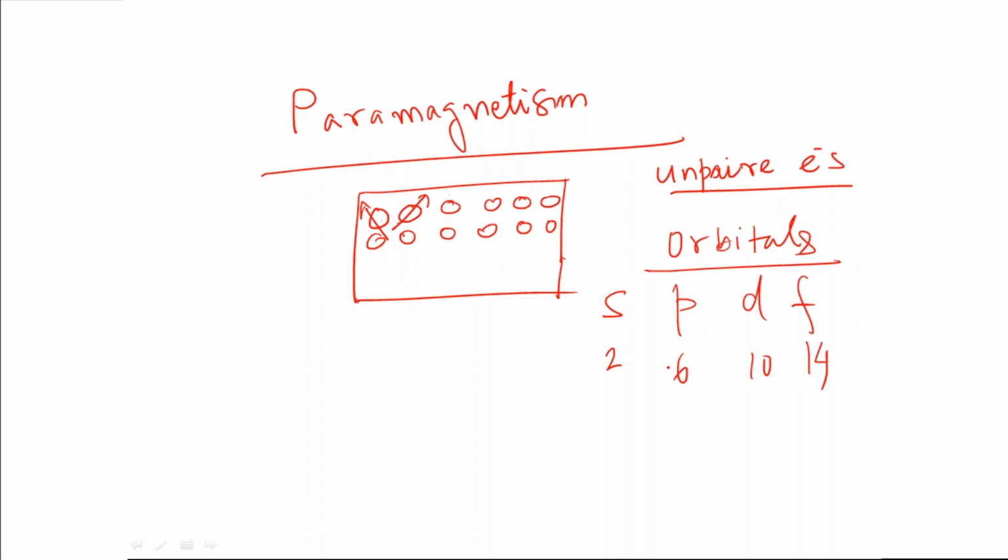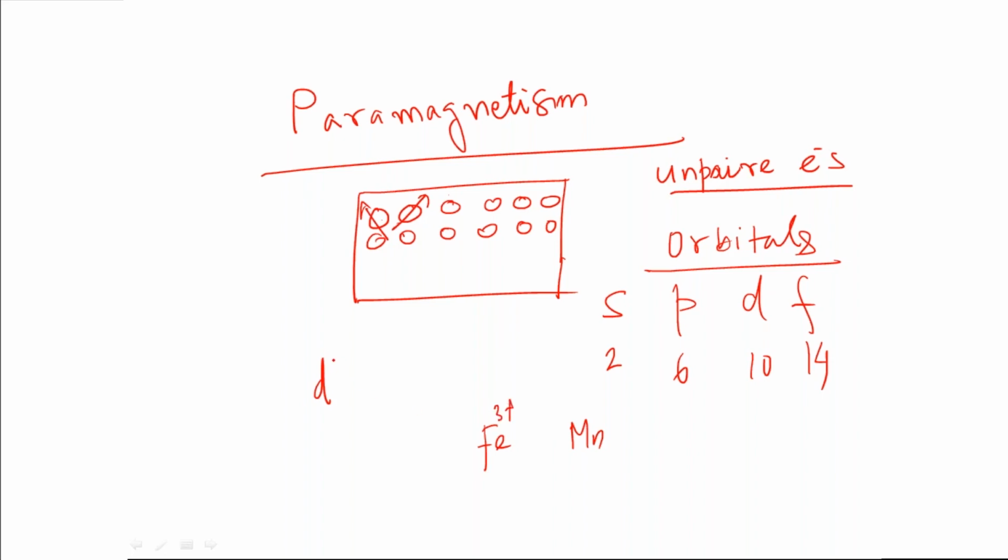S, P, D, F, etc. Okay, so S can accommodate 2 electrons when it is completely full. Then when P is completely filled, it can accommodate 6 electrons. D can accommodate 10 and F can accommodate 14. But suppose you have electron numbers not sufficient to fill all S, P, D, F.